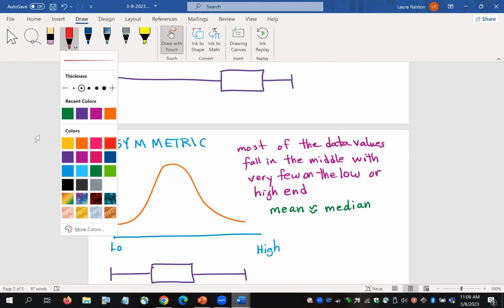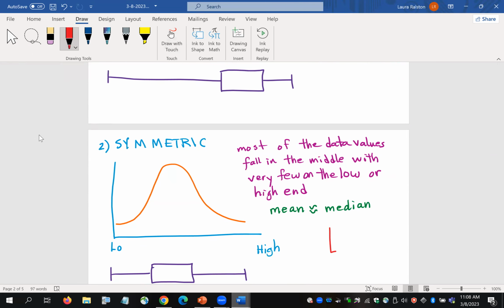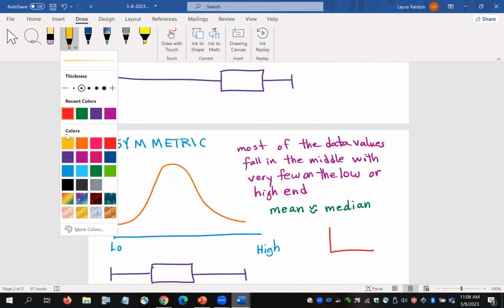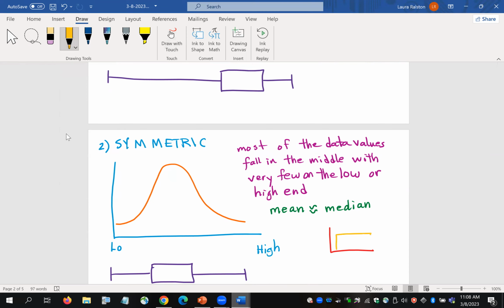Another type of symmetric graph, I could have drawn something that looks like this, because that's still symmetrical. Remember, the idea of being symmetrical is that the left side is a mirror image of the right side. So it doesn't always have to be bell-shaped.